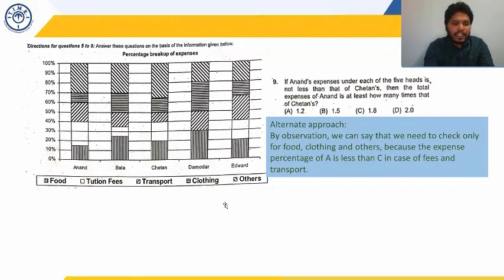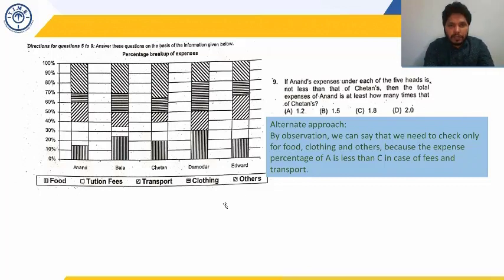So on tuition fees, Anand's expenses is 25% of its total expenses, and Chetan's expenses on tuition fees is only 20% of its total.